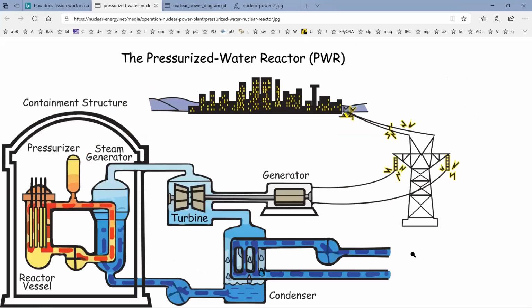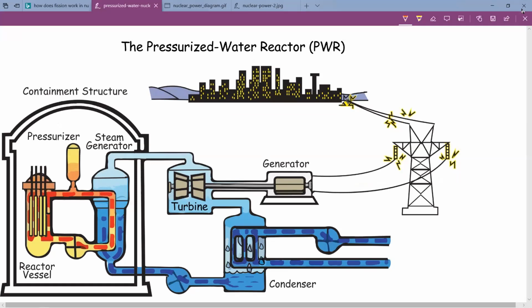All right, so here's a general idea of what a nuclear power plant looks like, how it works. Well, that's way too big. So here we've got, I got to get a finer point. That's too fat.